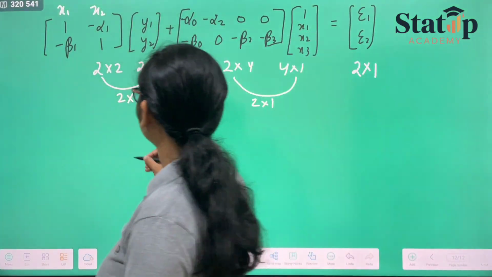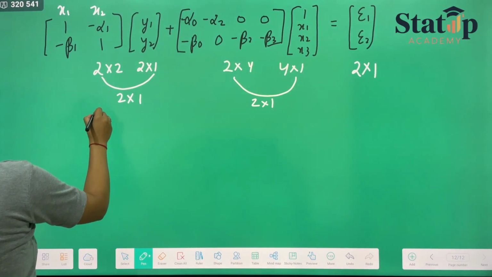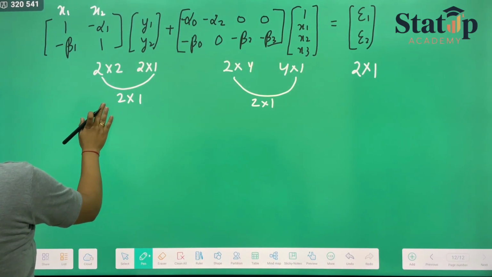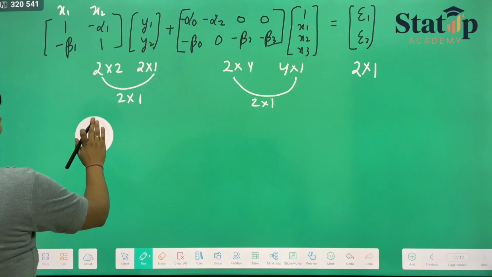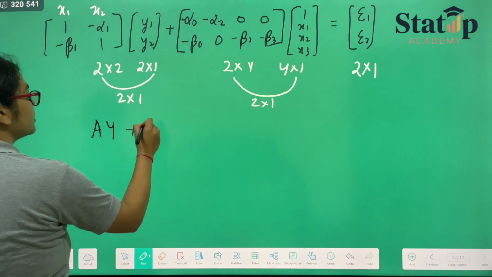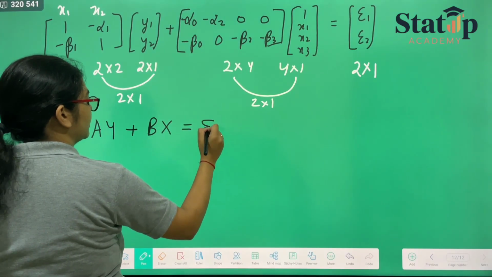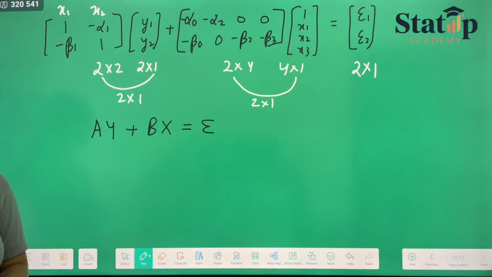Now we can write it as AY plus BX is equal to epsilon. We can write this matrix as this thing, AY plus BX is equal to epsilon.